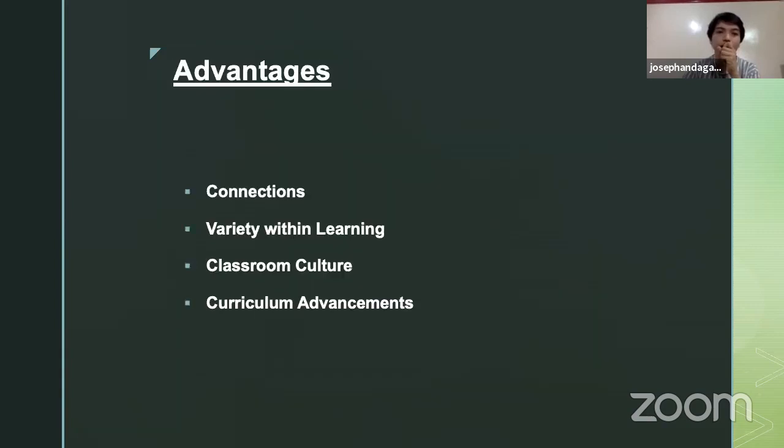Now, what are the advantages of the horizontal integration? The first one, we have the connections. Here, obviously, the student would be able to see what are the connections between the different subjects. If I will be performing a certain task, I will be able to meet a certain objective in a specific subject area.